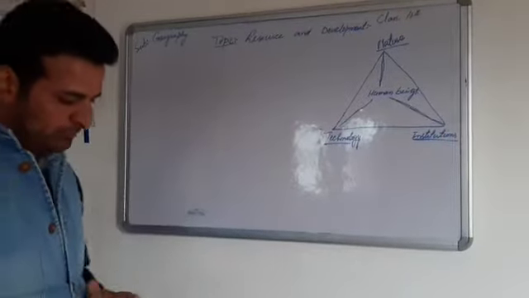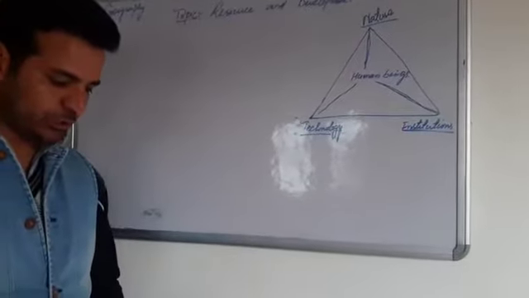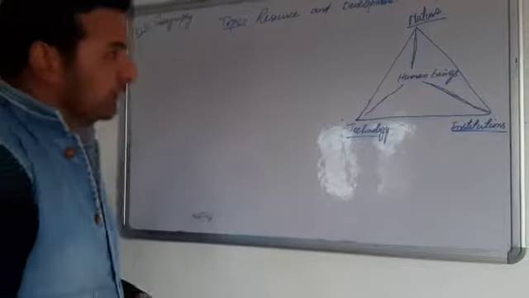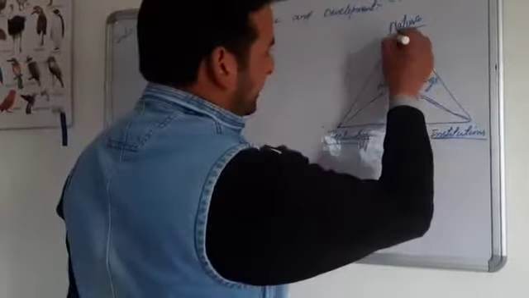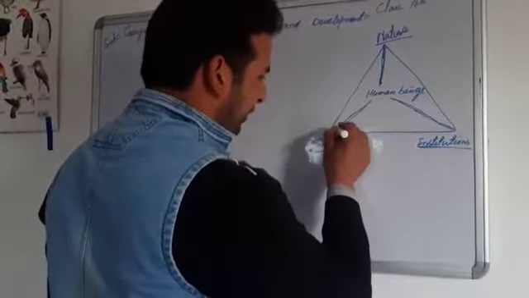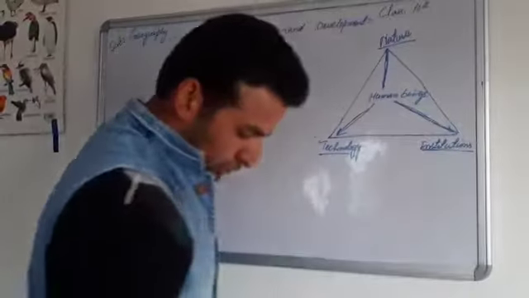Human beings interact with nature through technology and create institutions to accelerate their economic development. Here there is nature and humans are interacting with this nature with the help of technology, and then only they are creating institutions.